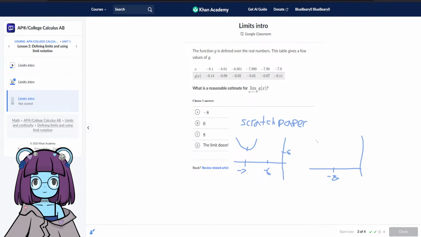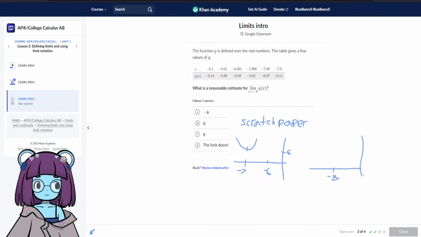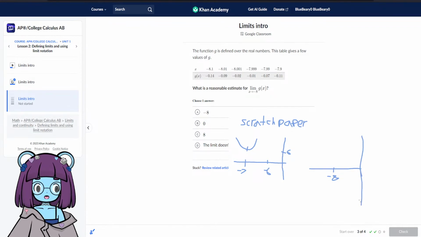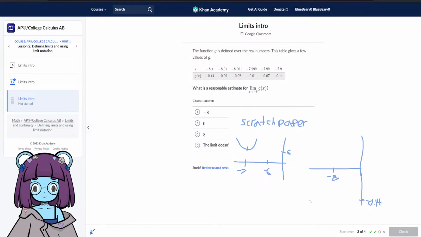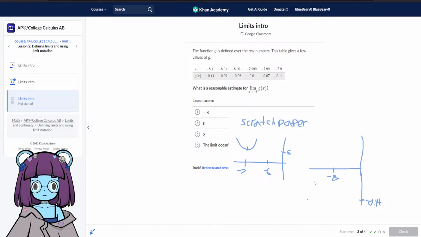So it's negative, all the way down here.